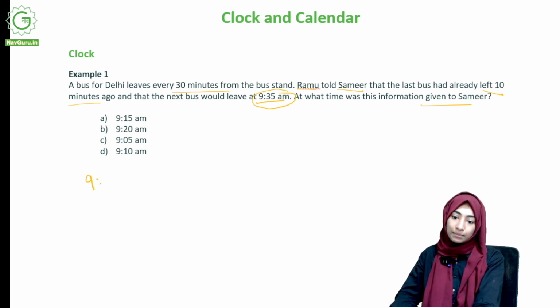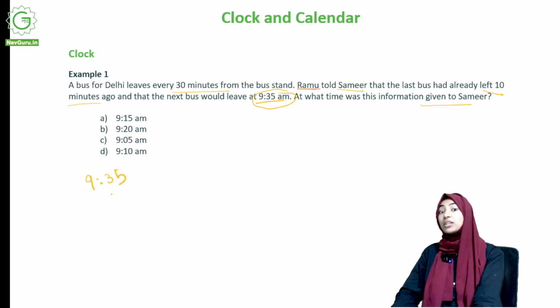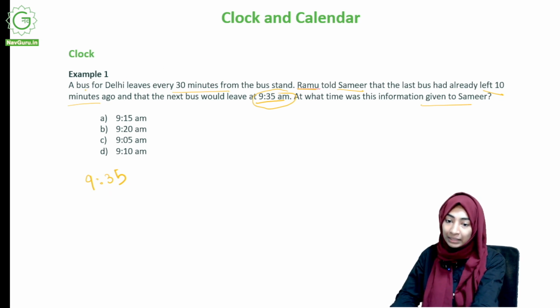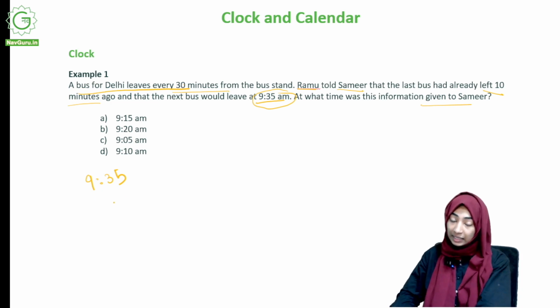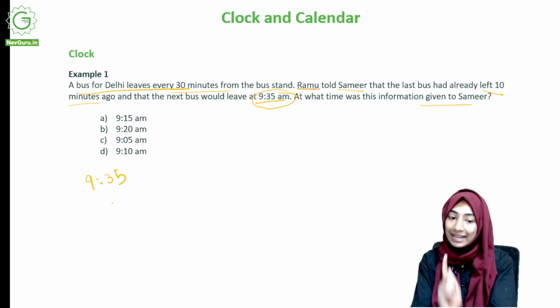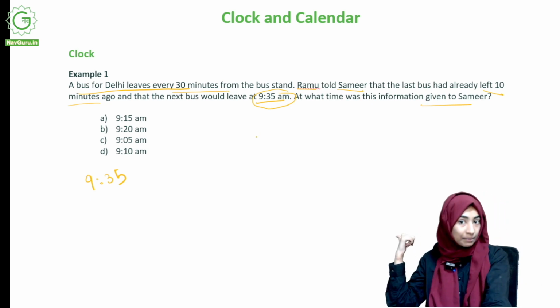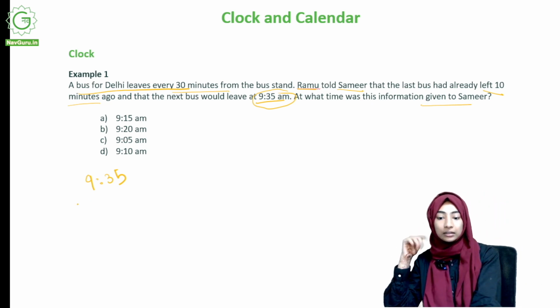So if the next bus would leave at 9:35 a.m., when would the previous bus have left? 30 minutes ago, right? Why? Because we have been given that a bus leaves every 30 minutes. So if the next bus will leave at 9:35 a.m., the previous bus would have left at 9:35 minus 30 minutes.